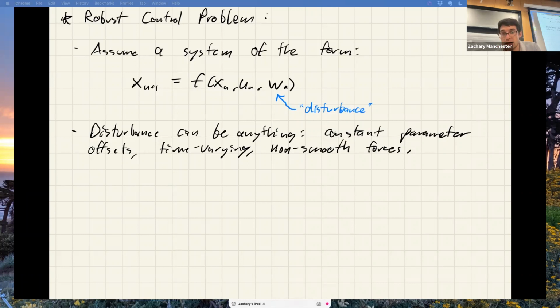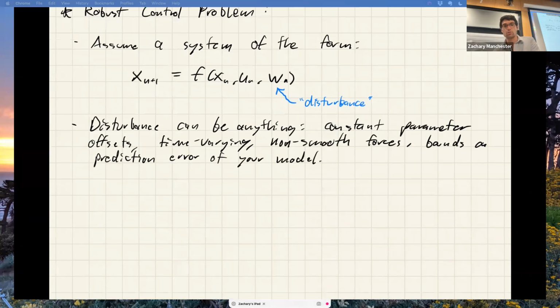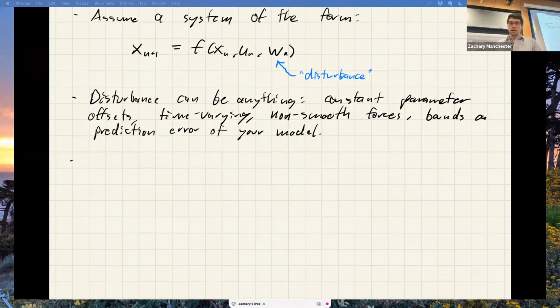Could be bounds on your prediction error from your state estimator, say. Pretty much anything you can think of.